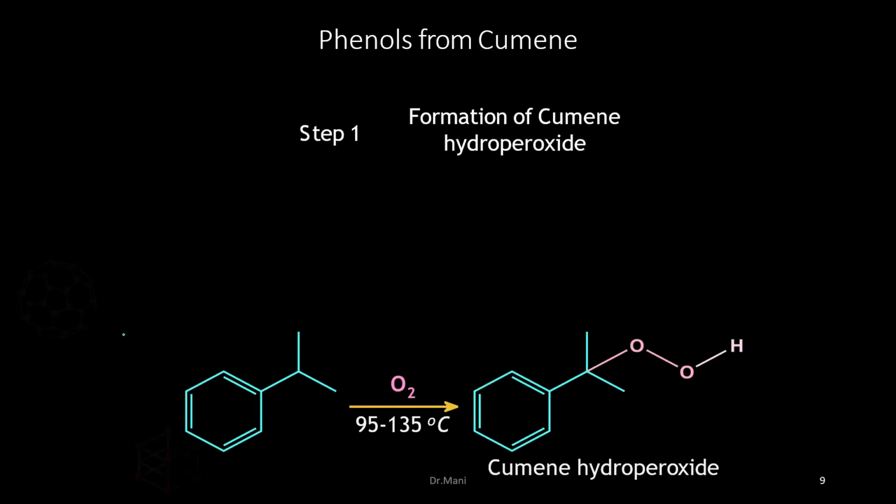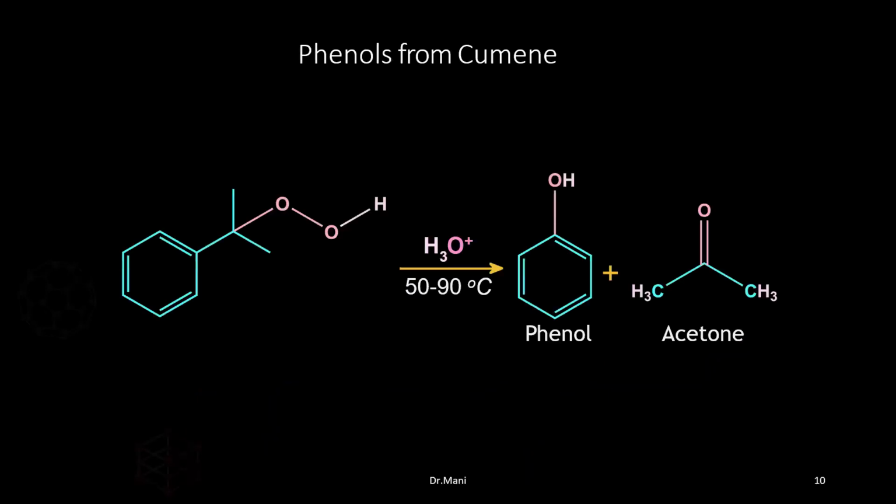So see here, step one is the formation of cumene hydroperoxide. You can see here, this is the cumene and this is cumene hydroperoxide. So this is the formation of cumene hydroperoxide, step one. And step two is the treatment with an acid.